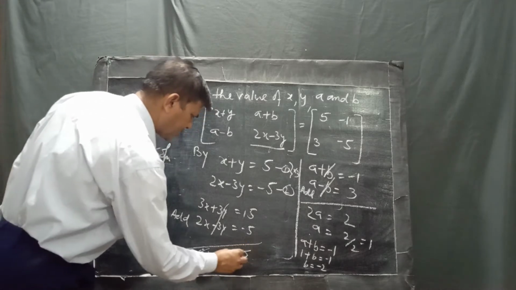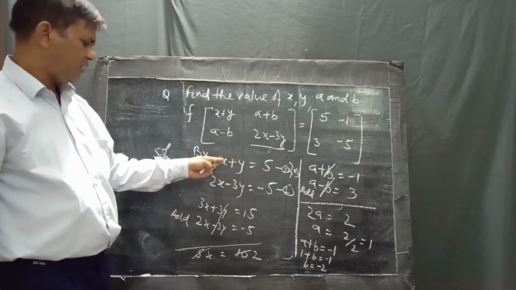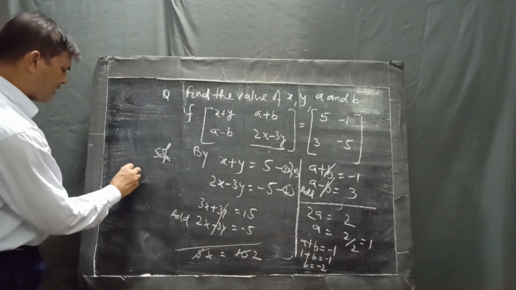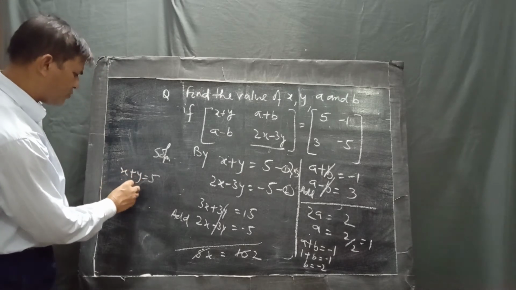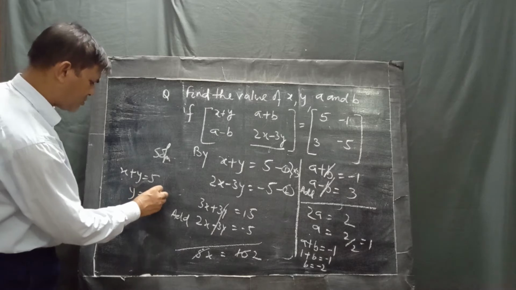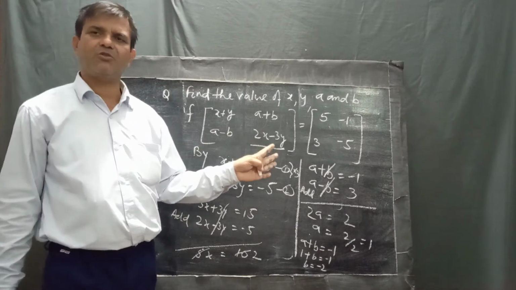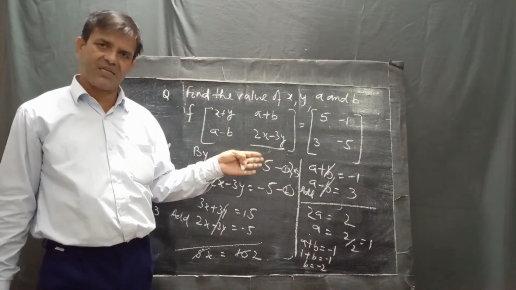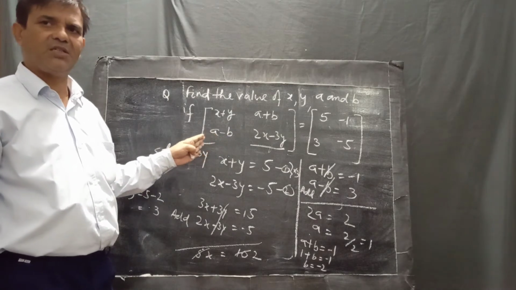So the value of x is equal to 2. Now putting the value 2 in place of x in x plus y equals 5, in place of x there is 2, so y is equal to 5 minus 2. This will equal 3. So this question is a very important or most expected question for the first semester exam, and the topic is matrix, which is based on equality of two matrices.